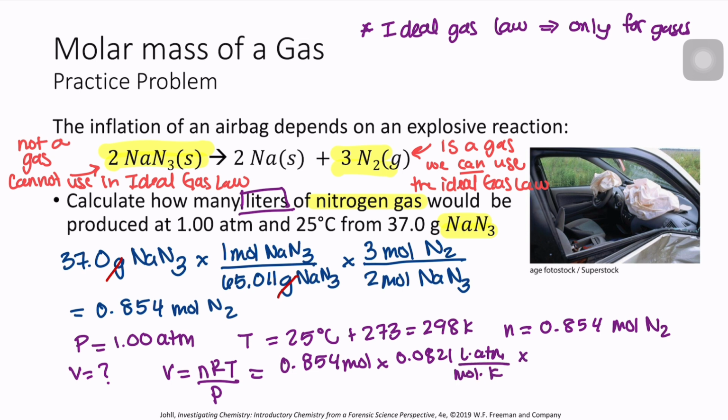And then we can multiply that by our temperature, which is 298 Kelvin. And then we will divide that by the pressure, which is 1. So when you plug this into your calculator, you will multiply your moles, 0.854, times our gas constant, 0.0821, and finally times our temperature. And when I put that in my calculator, I get 20.9 liters.